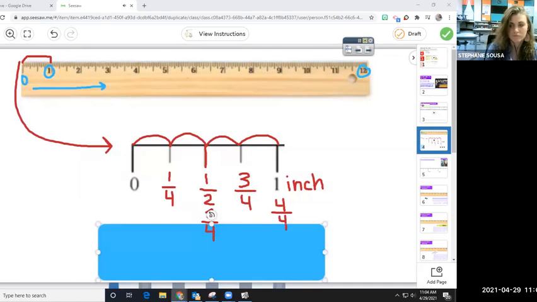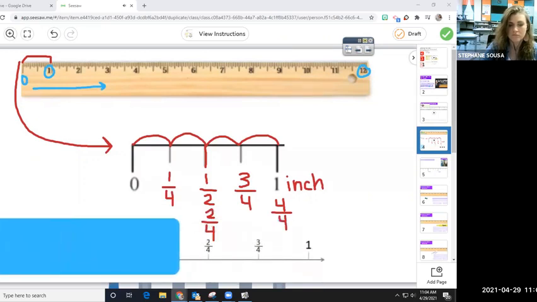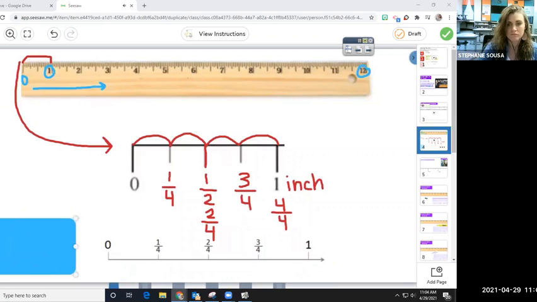How can we use our knowledge of fractions to help us using 1/4 tick marks on a ruler? Oh, I remember. This looks just like a fraction number line. We have used a number line to represent fractions.